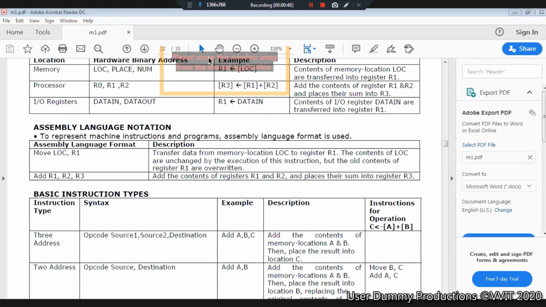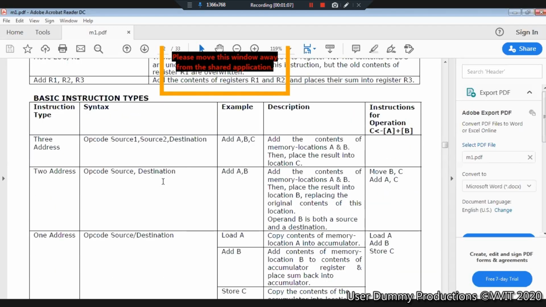Can anybody explain the types of instruction? Hello?